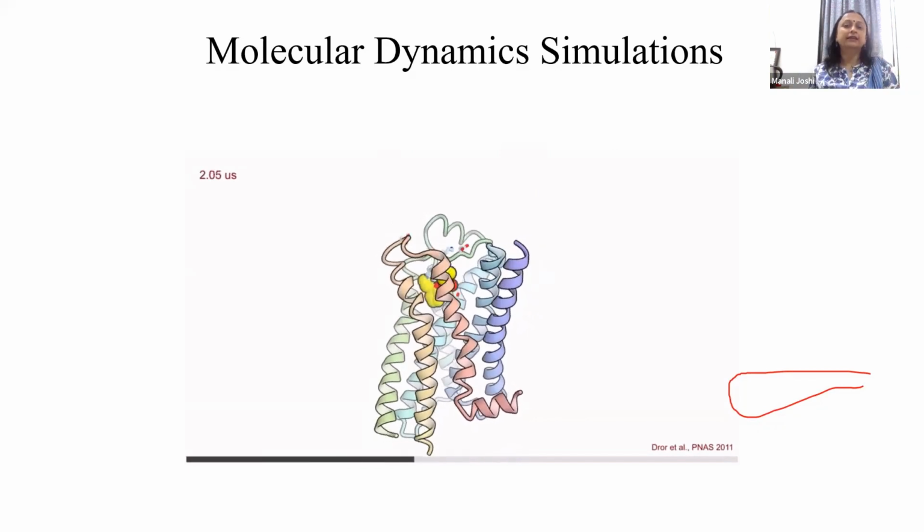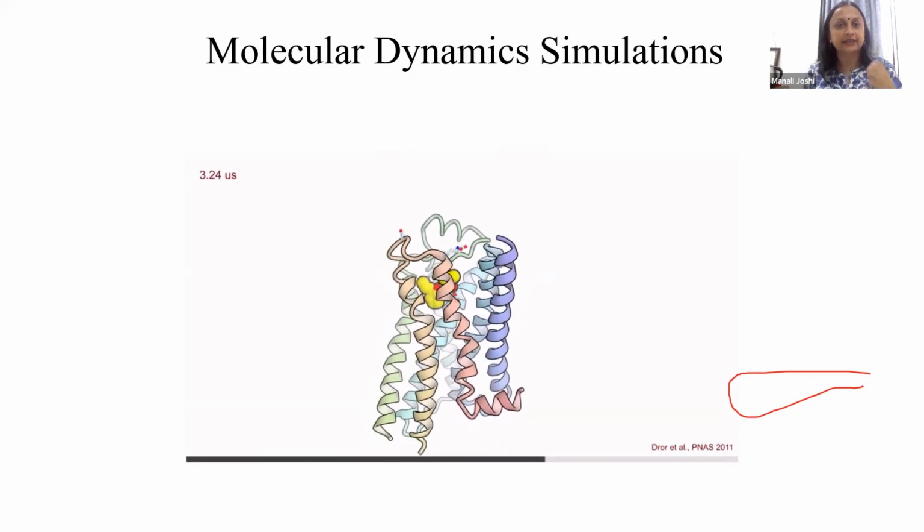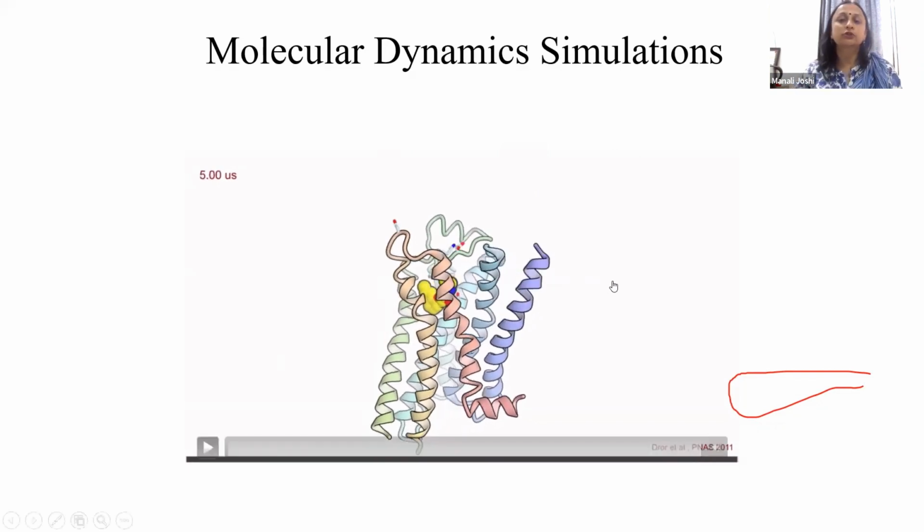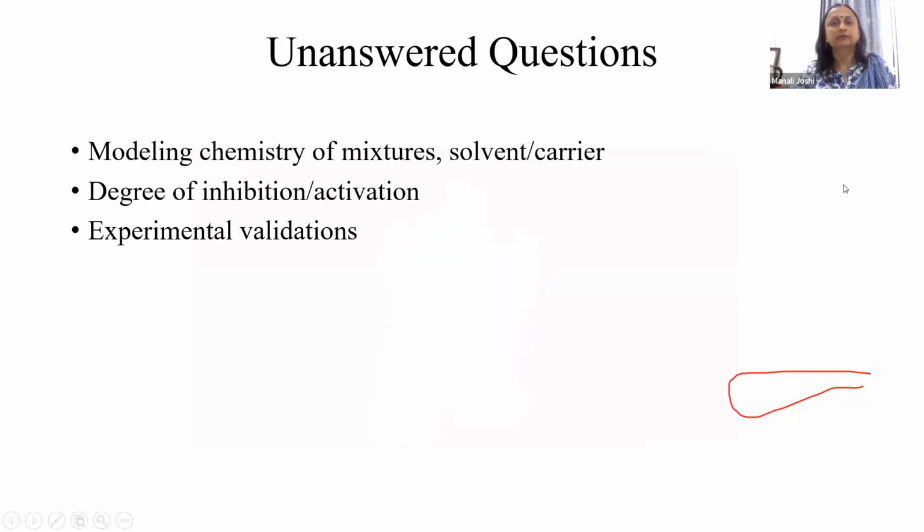No other experimental technique can capture this as molecular dynamics can. Of course, you need to know a lot of theory for this: how to build it, how to apply it, how to interpret it. But it is a very, very important technique to understand. Let's go ahead.